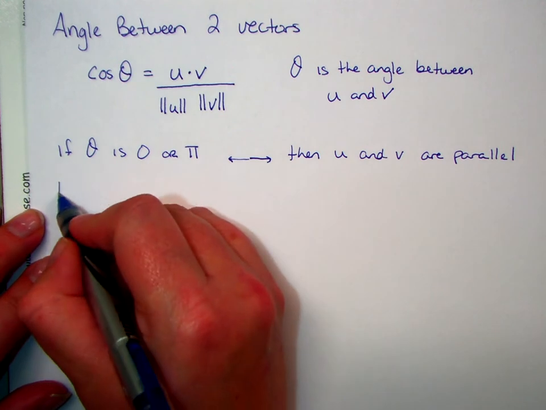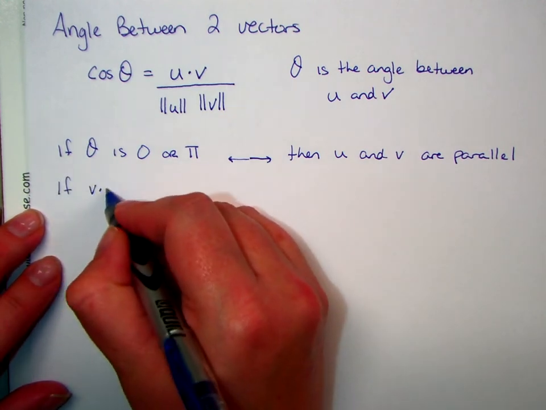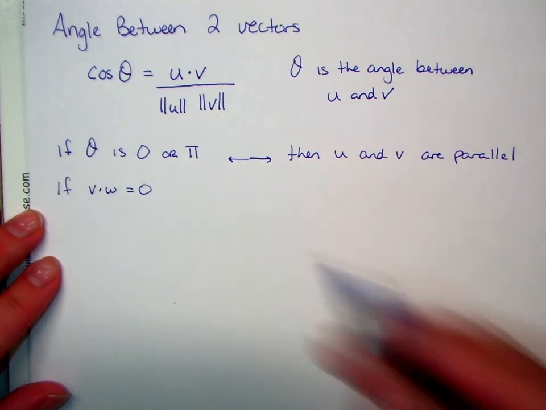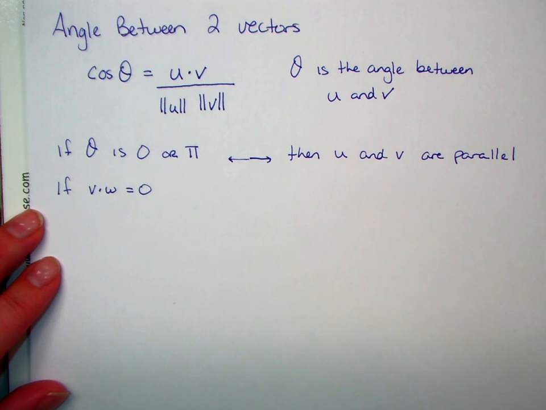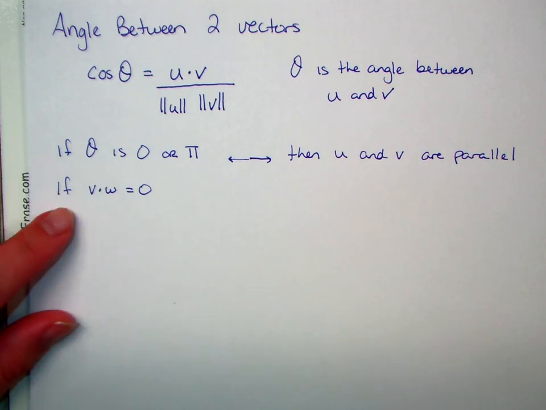And, like on the other side, okay, if the dot product is 0, that means that the angle between the shadow is 0, and so the angle between the two is 90 degrees.